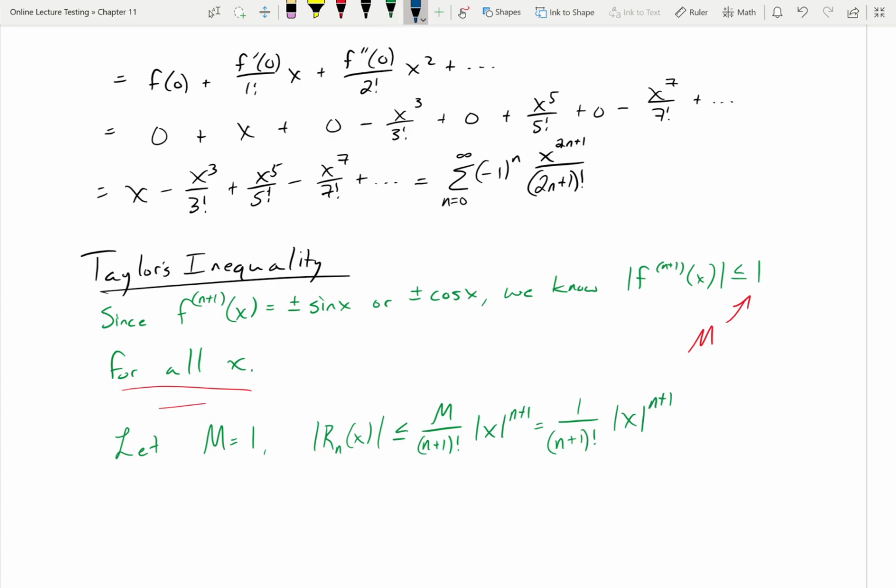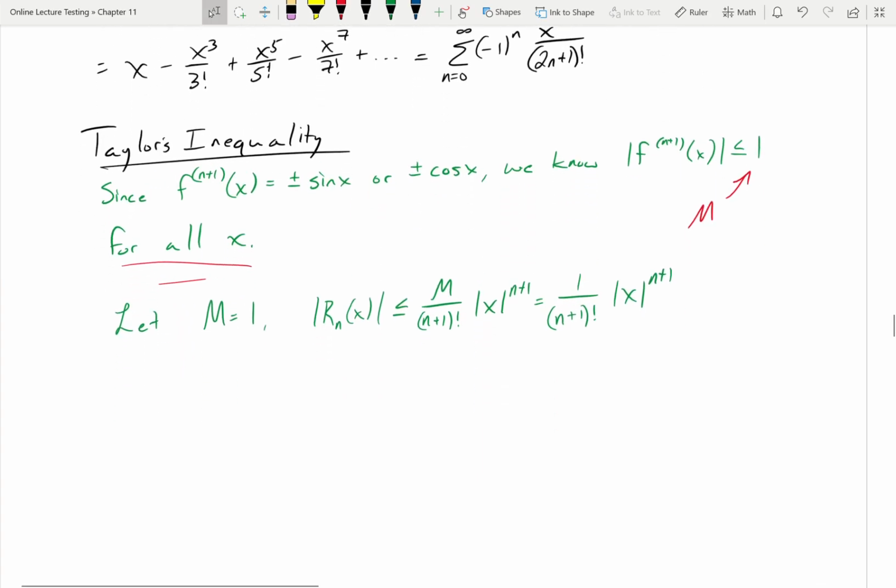Just like before, if we can force this to go to 0: 0 is less than or equal to r sub n of x, which is less than or equal to the absolute value of x to the n+1 divided by (n+1) factorial.